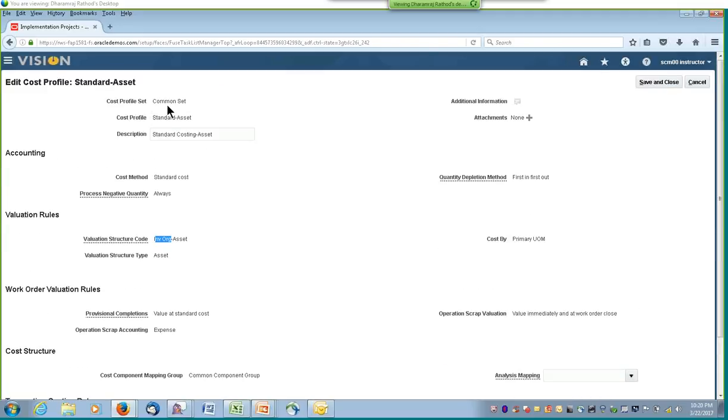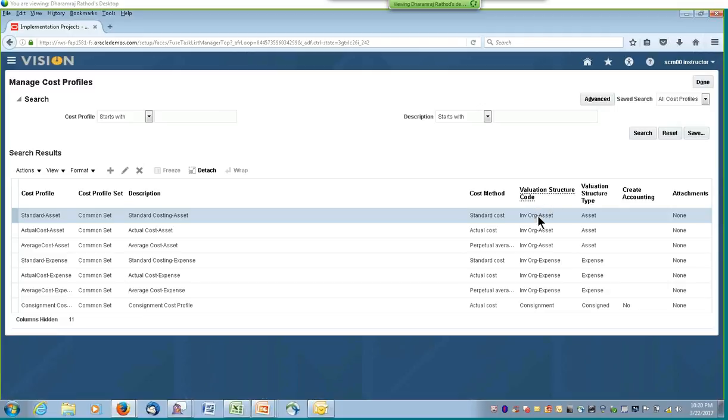So you have got valuation structure type, as I said, it could be expense as well. It says asset, and you should have expenses, and you could have consigned. Consigned is for consigned inventory. You have a flexibility to deliver the item which is into inventory, and these are all asset type of item.